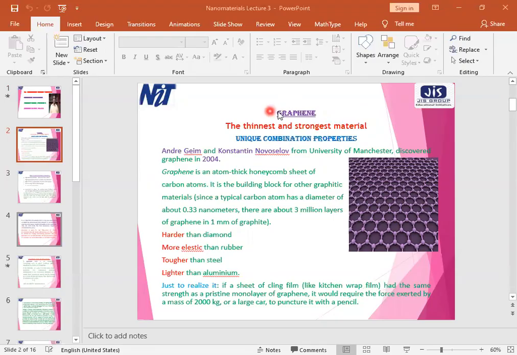Now, graphene. Graphene is the naturally occurring sheet. Actually, graphene is a class of material which is an allotrope of carbon.